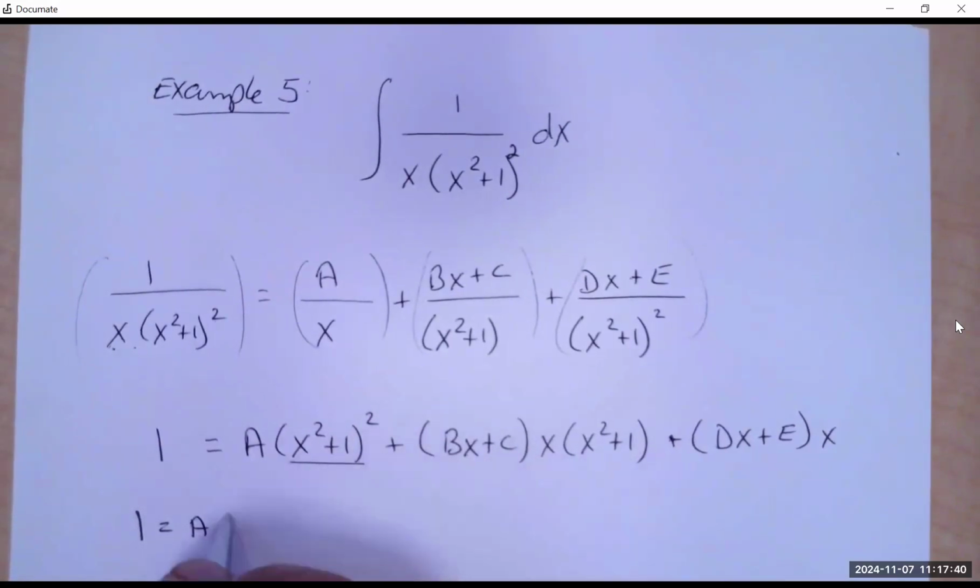Do this one first, which is x squared plus 1 times x squared plus 1.